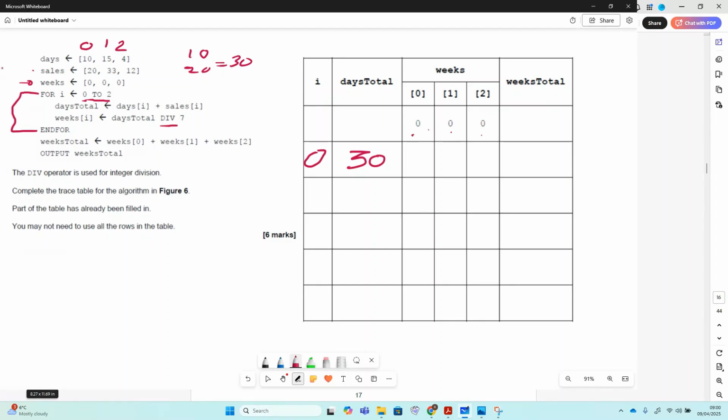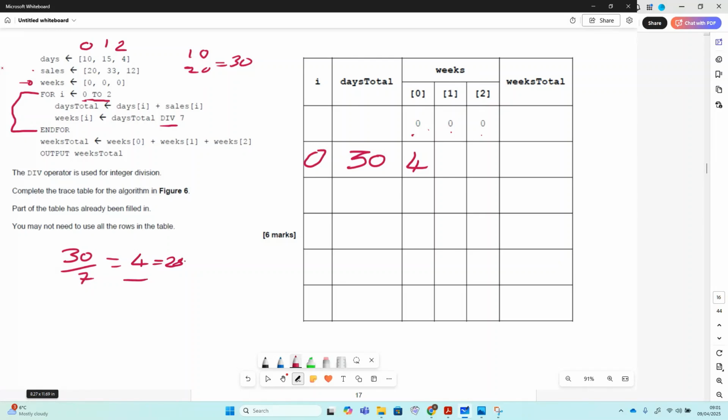So div is integer division, so we just keep the integer part. So 30 divided by 7 is 4, or 4 sevens are 28. So it's 4 remainder 2, but we only need the 4, so we're keeping the 4 and we're putting the 4 in there.